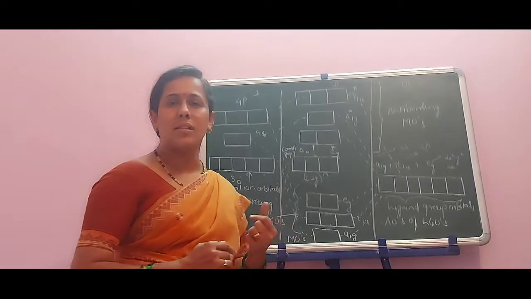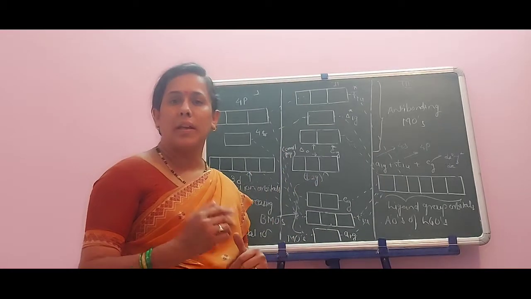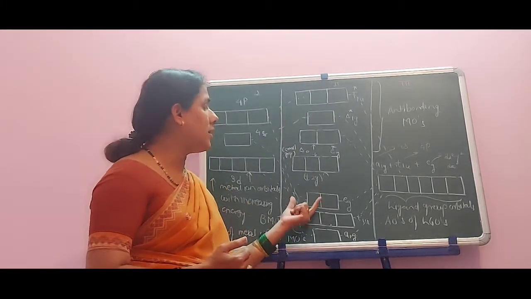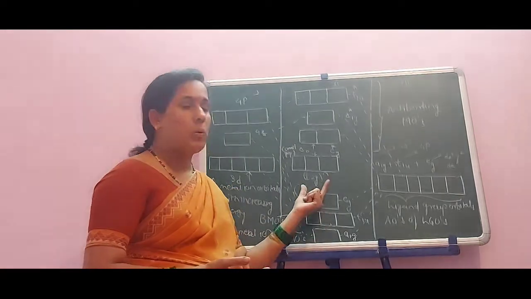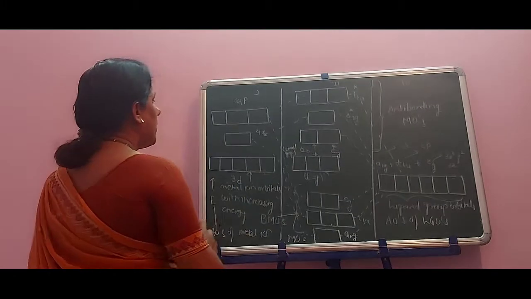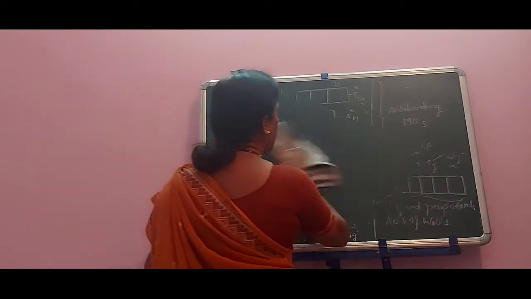Now we will see the assumptions according to this diagram. What is the basic sequence of the orbitals in presenting a molecular energy level diagram in the case of any molecule according to MOT? First of all we will see the assumptions or specifications. See here.